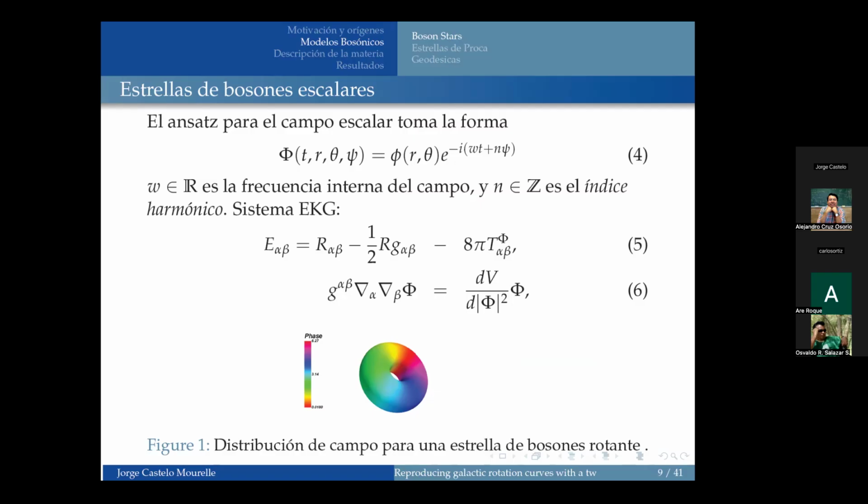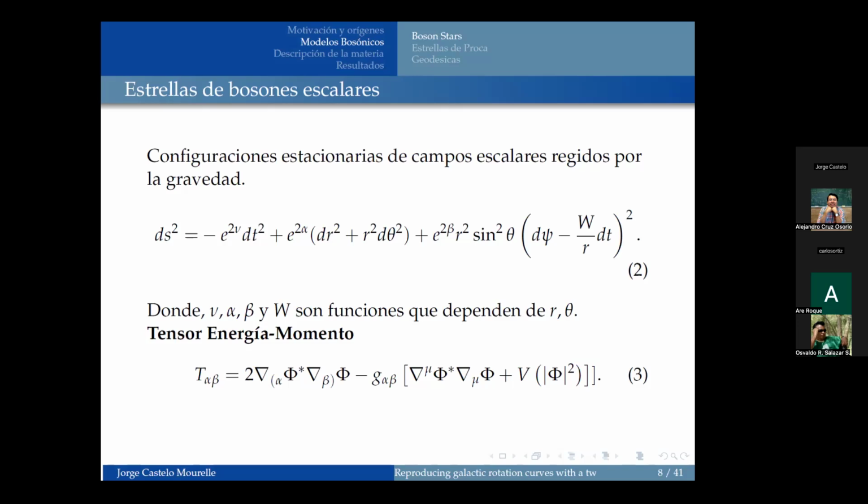Okay, but these objects are invisible, at least in the electromagnetic spectrum. We can see them only by gravitational effects, because as you can see here, the stress energy tensor does not couple to electromagnetism. So we have an object that is invisible, but can reach very different masses, because I forgot to say something here.